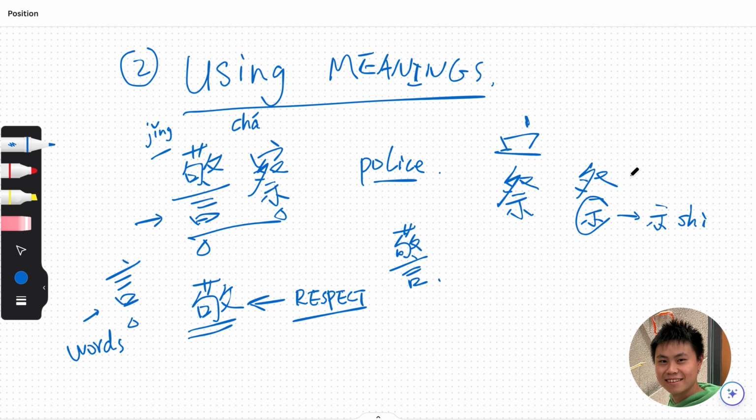And how to remember this part? Well, you can use what is wrong. This looks like this word, but one more dot. So you can just remind yourself, oh, this has one more dot. I shouldn't write it like this. You got your way to remember this, right?